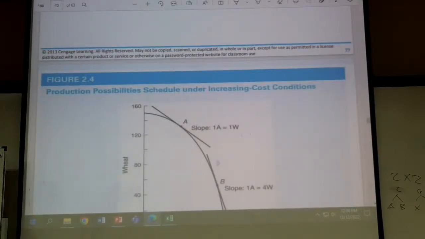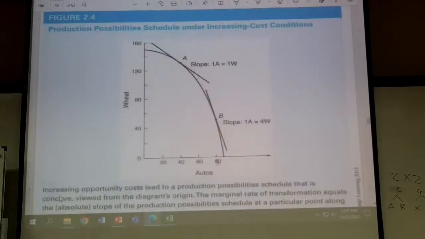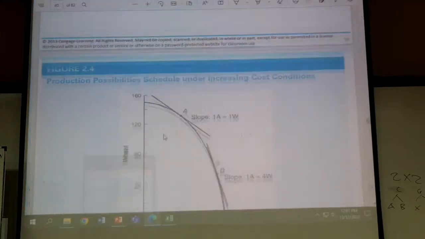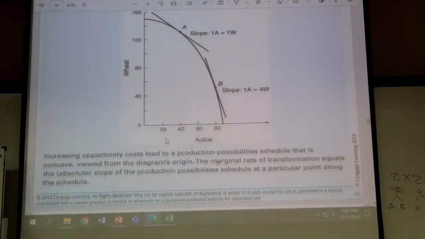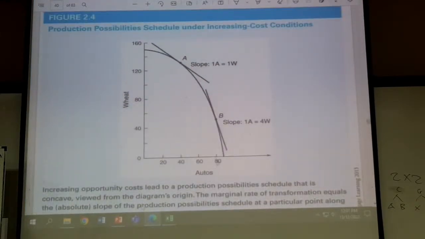Y is cut off. Yeah. So that's why it is.